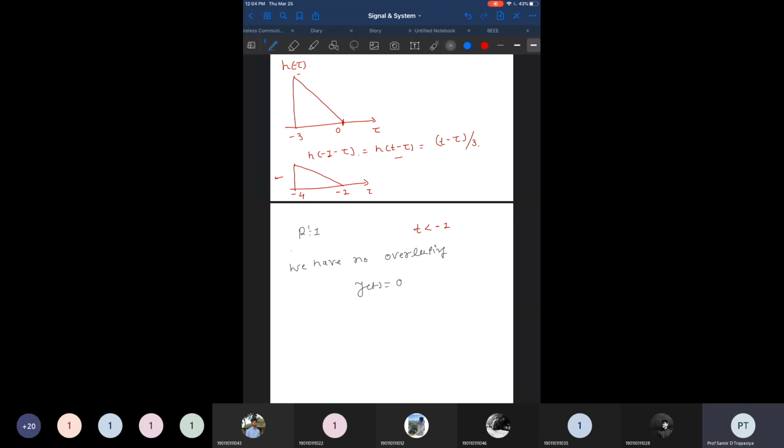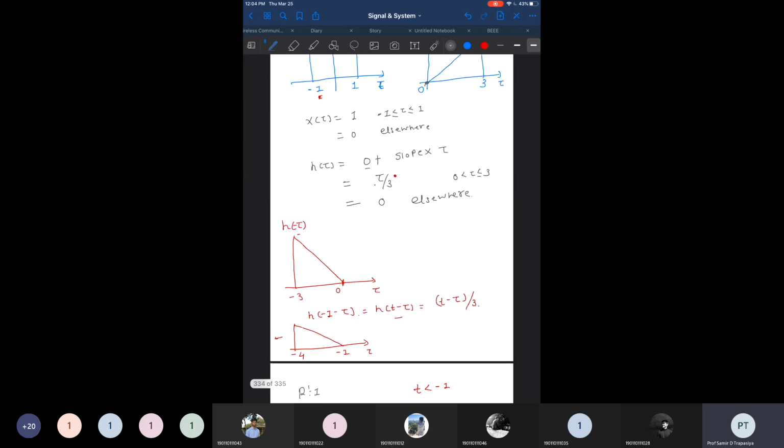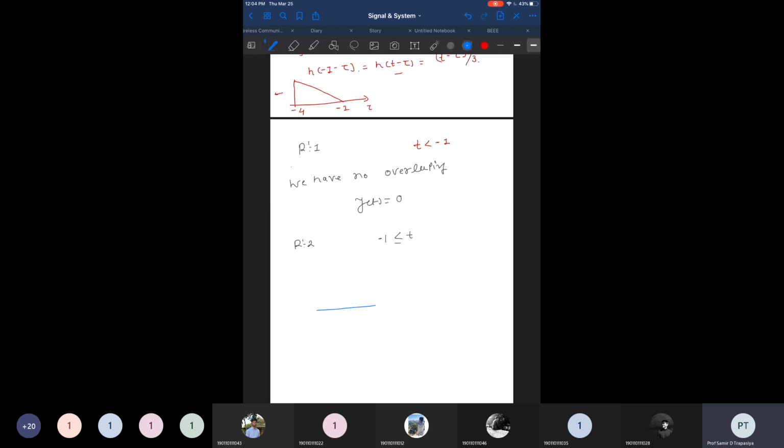Okay, but now region 2 is the region where t is larger than -1, right? In that case, if I redraw both signals, this signal lies from -1 to 1, and this signal is x of tau.